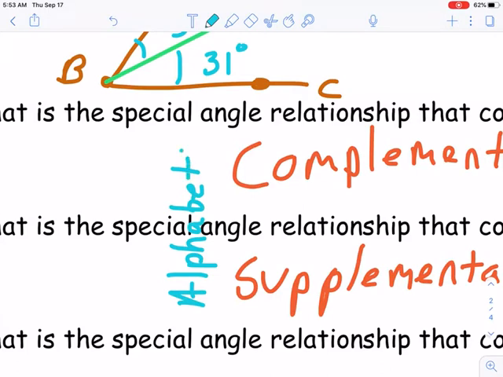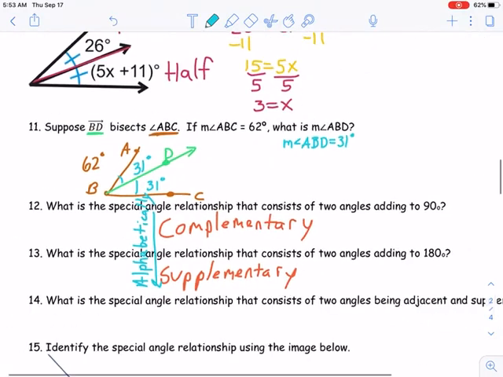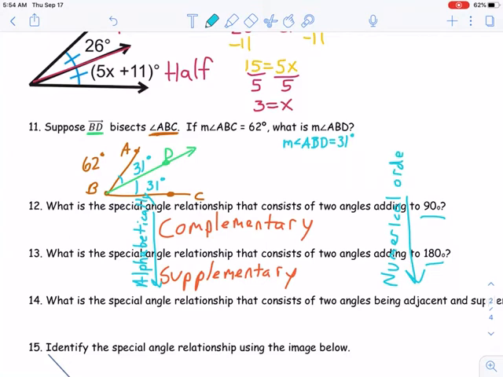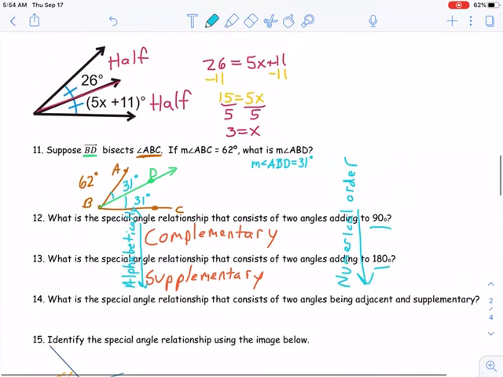Alphabetically, C comes before S. And then 90 and 180. They're in numerical order as well. Alright, so if you put them in alphabetical and numerical order, they match up.